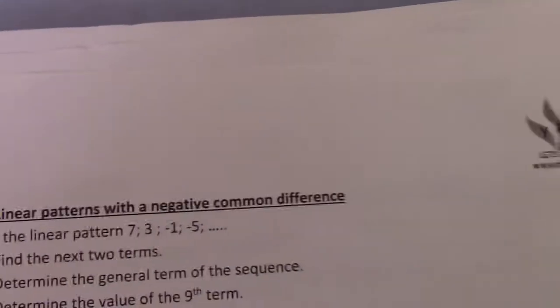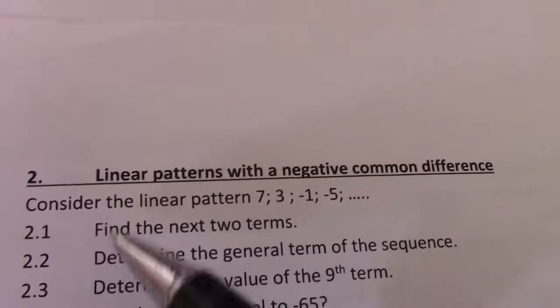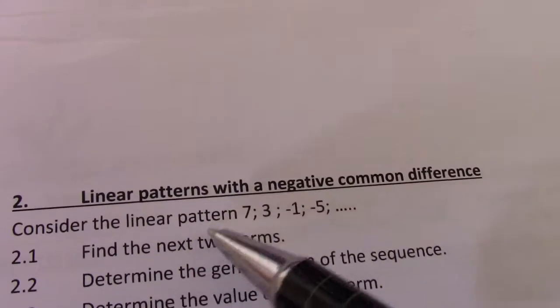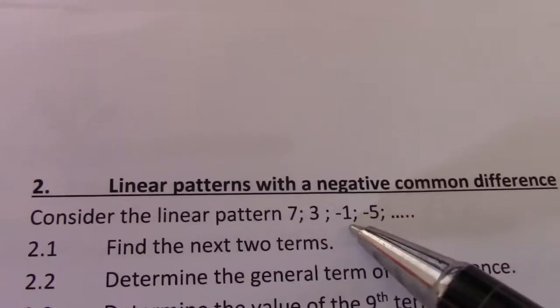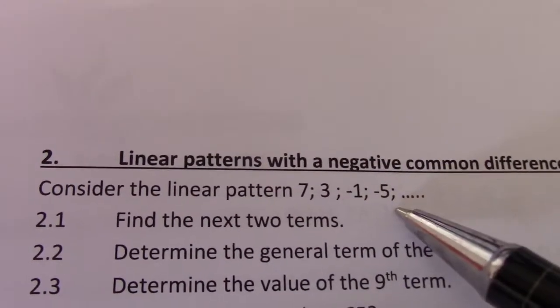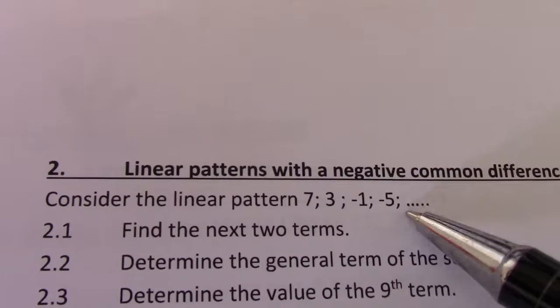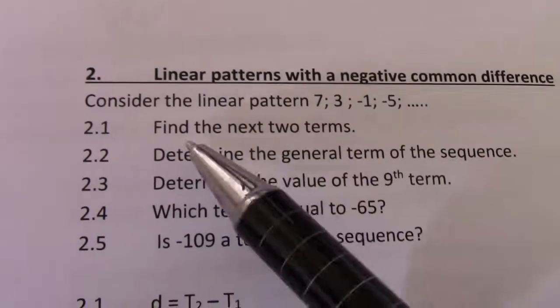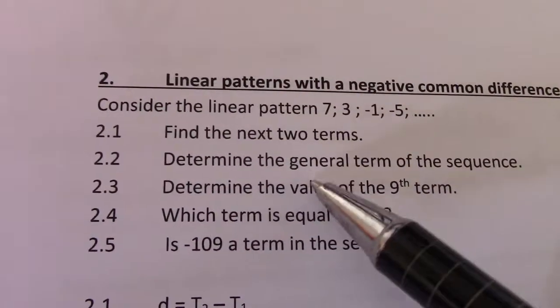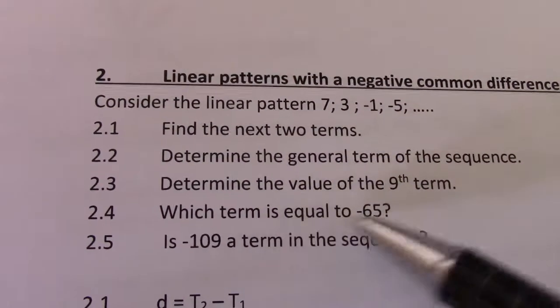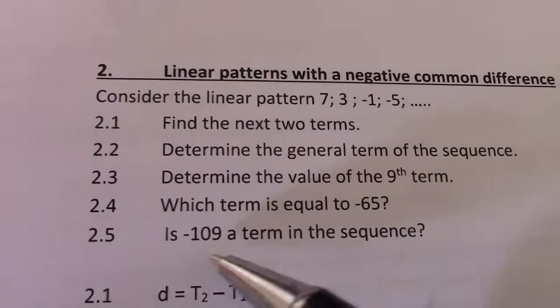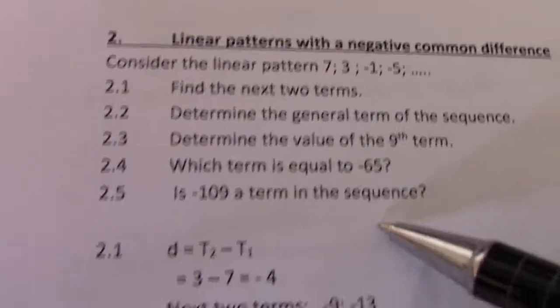We go to linear patterns with a negative common difference, meaning the sequence actually decreases. If you look at the linear pattern, 7, 3, 1... 3 minus 7 is minus 4, 3 minus 4 gives me minus 1, minus 1 minus 4 gives me minus 5. Again, they want the next two terms, the general term, the value of the 9th term, which term equals that, and whether minus 109 is a term in the sequence.